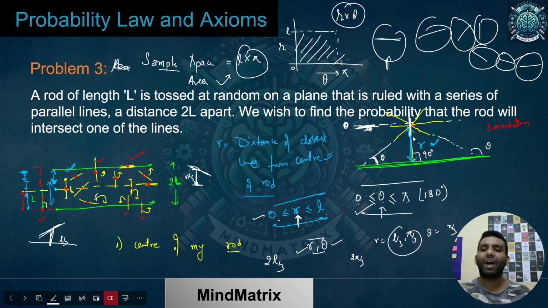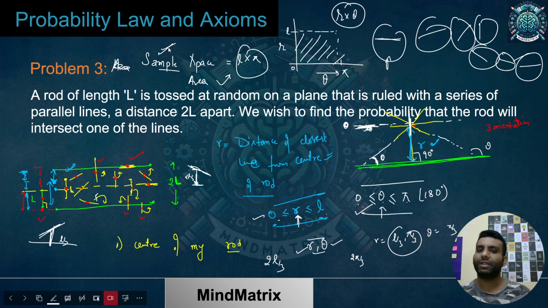One is r, which is the distance of the closest line from the center of the rod, and theta, which is the angle it makes with my horizontal line. If I combine the two, I will always have a unique orientation. Will all those unique orientations lead to intersection? The answer is no.